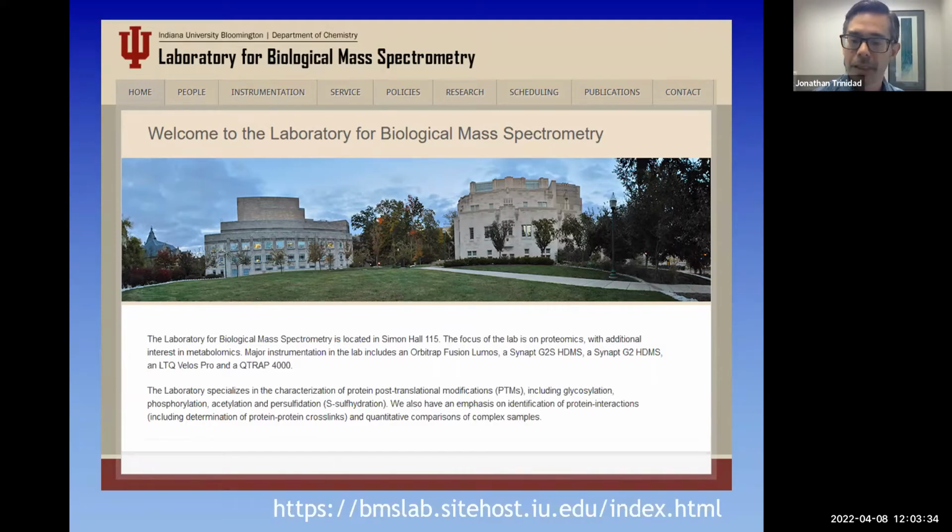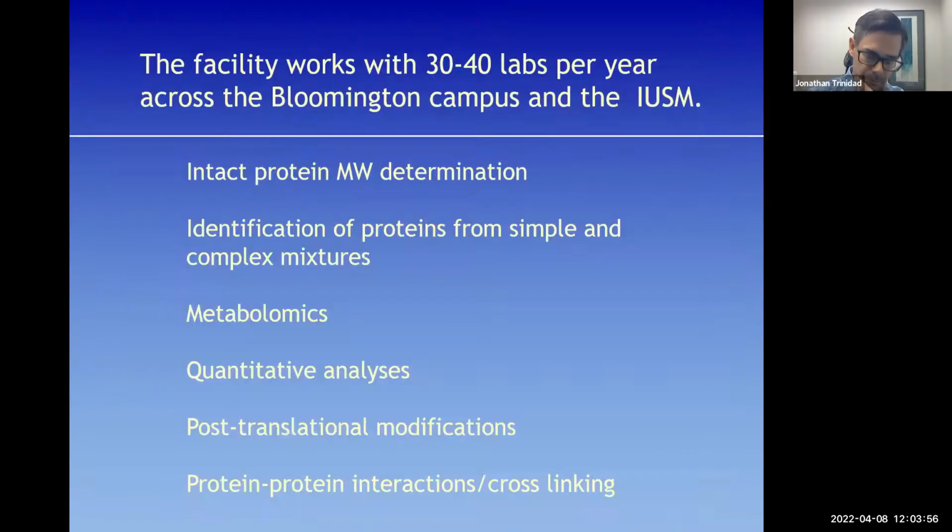Simon Hall is a sort of interdisciplinary research center. I'm based out of chemistry, but the building is filled with chemists, biochemists, and cell biologists. As I'm sure you're all aware, being able to walk down the hall and chat with your collaborators really improves the bandwidth of your science.